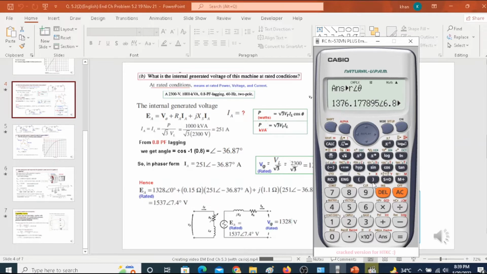So anyway, this is the voltage generated in one of the phases of the generator. For the single phase case, we can say that this was the rated output voltage, and we know the current, so the current drops, and this we calculated to be the rated generated voltage.